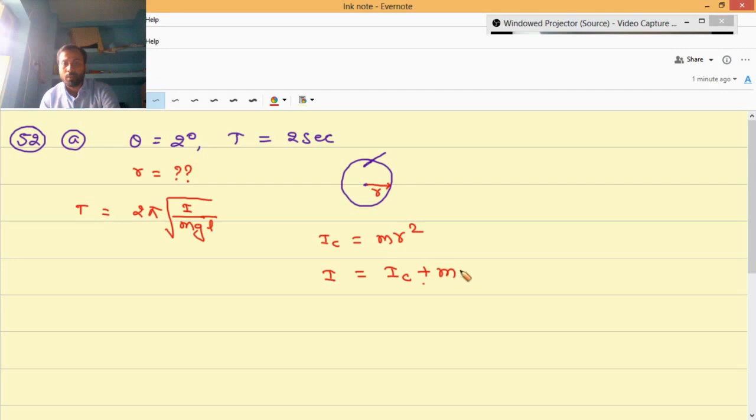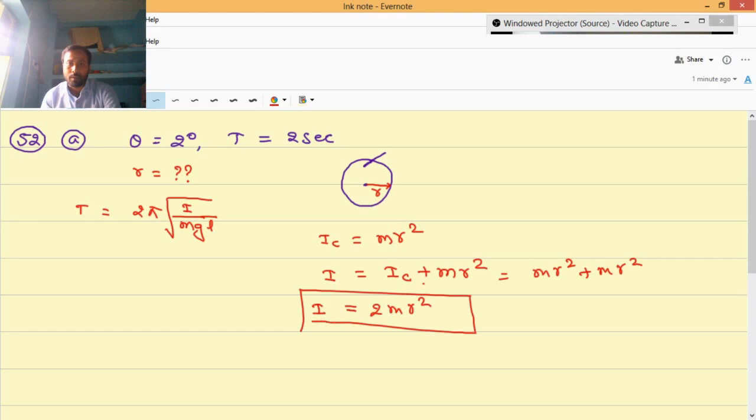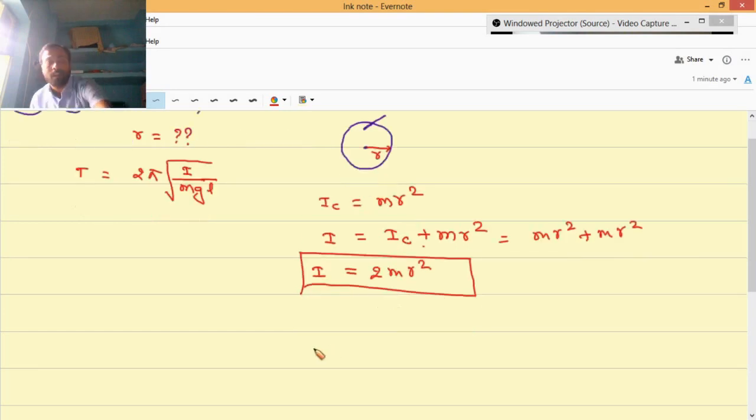That distance is r only. So we can write mr square plus mr square, so the moment of inertia about this suspension point will be 2 mr square.